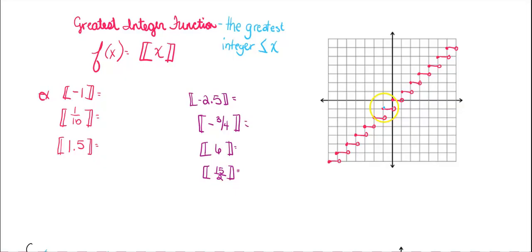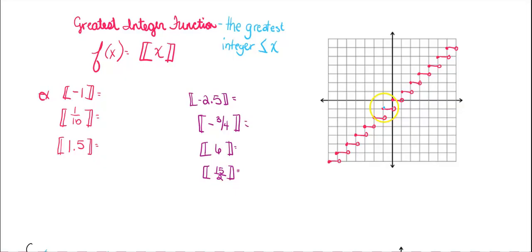What this means is, what is y if x is -1? So what is the greatest integer, the integer that's closest to -1 that is less than or equal to x? Well, -1 is an integer.